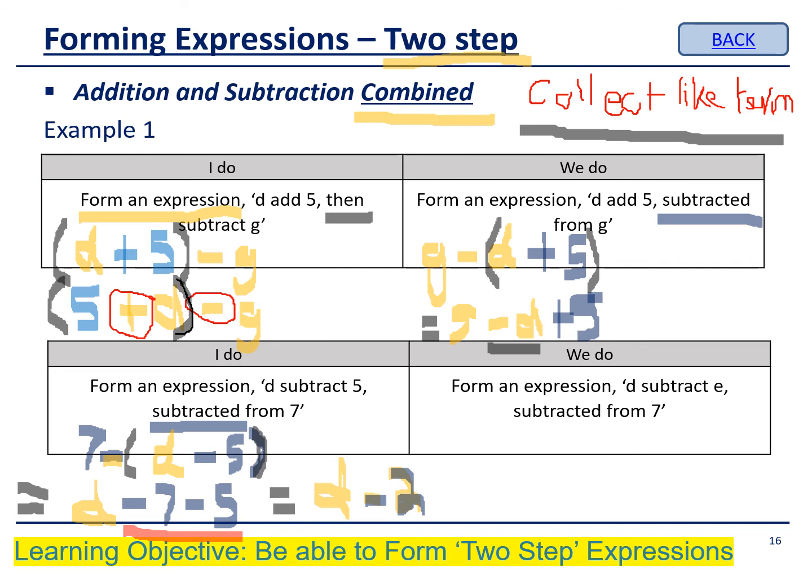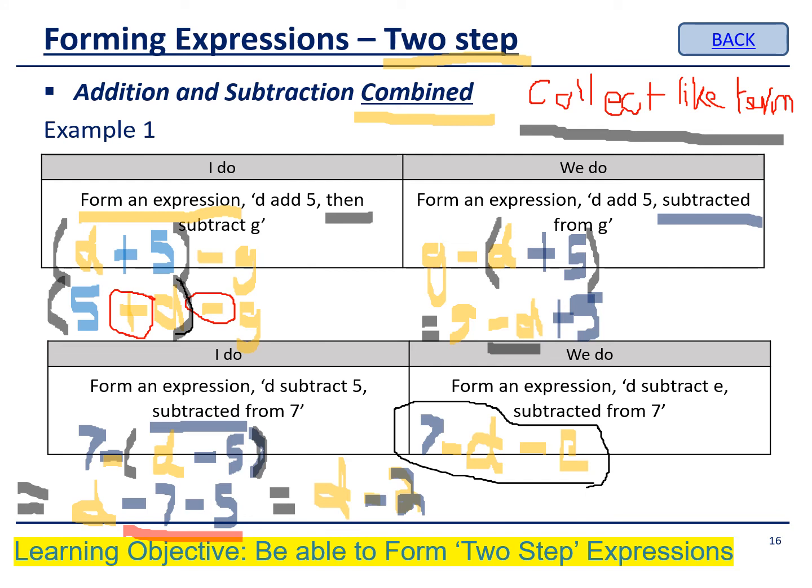Pause the video, have a go at the we do, and notice that there are two variables now, two letters again, not two constants. Here is your final expression. Well done if you got this one right. So 7 subtract D subtract E. As you read it, it says D subtract E, so we wrote that first, and you could put brackets around it.